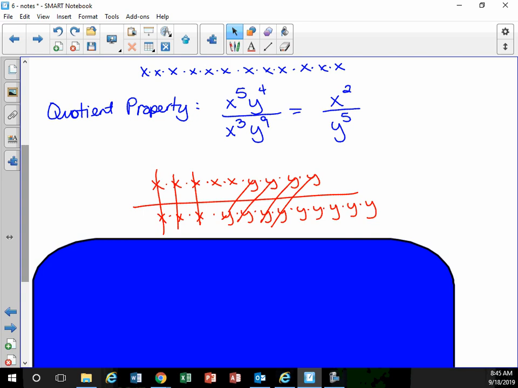Again, don't write it all out like this. But when you're dividing, I think you guys know you're supposed to subtract. But let's look at why that actually works.